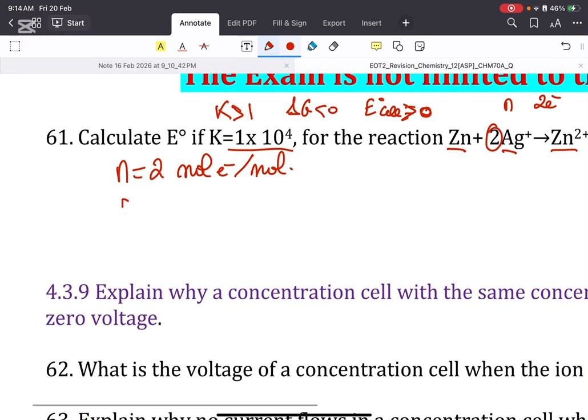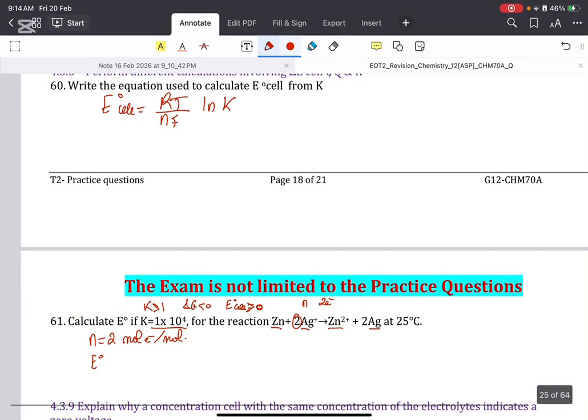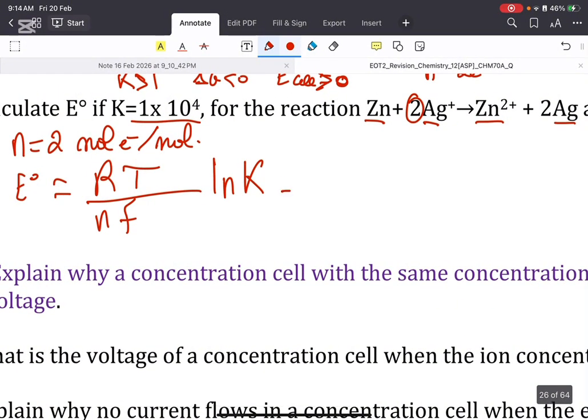Calculate E. So I'm going to use this formula written over here. So it's equal to RT over NF ln K, and I am going to substitute. R is 8.314. I'll give you the units.